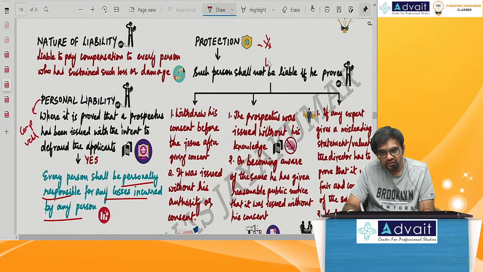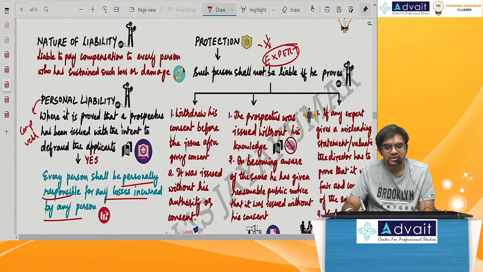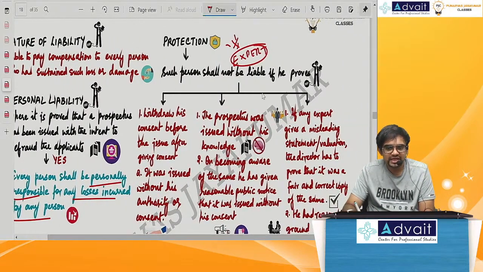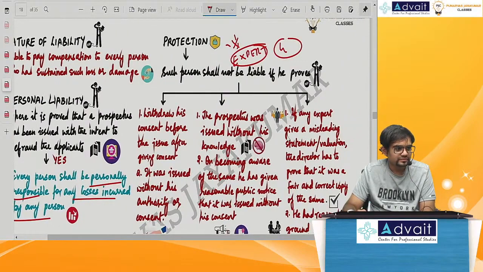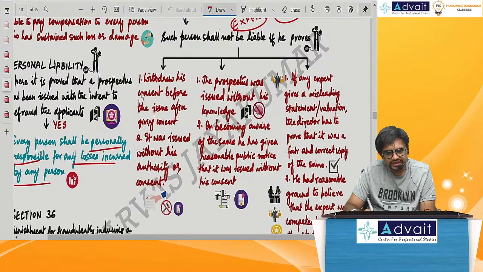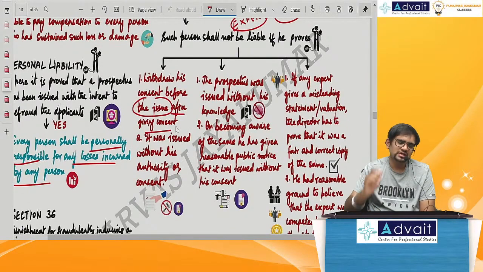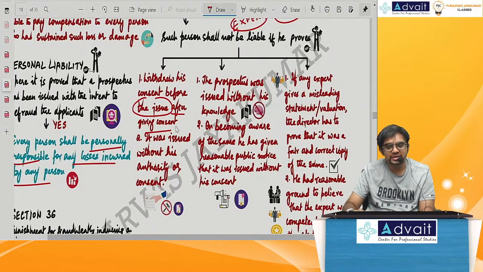They will ask, when can the expert escape punishment? When can the expert escape punishment? 4 marks. Right? If a person withdrew his consent before the issue of the prospectus after giving his consent. First, consent will be given, then after giving the consent, if he withdraws, then it will be done so.